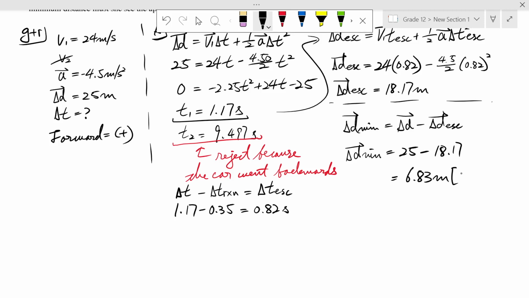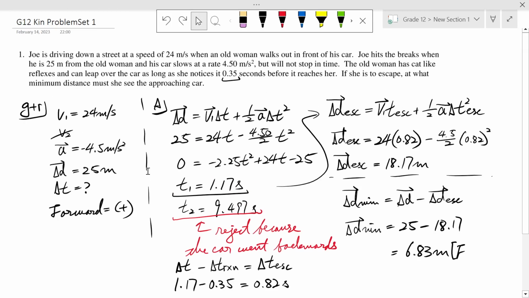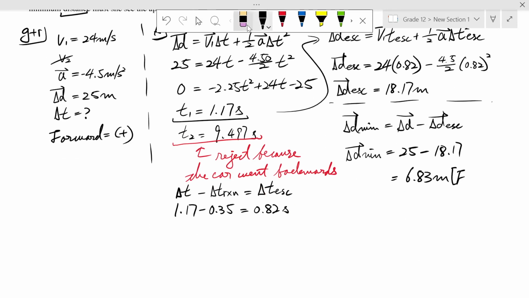Just in case, I'll put a forward vector symbol. Actually, what is the minimum distance? That's not even a vector, so I don't even need a vector sign. Read the question more clearly.